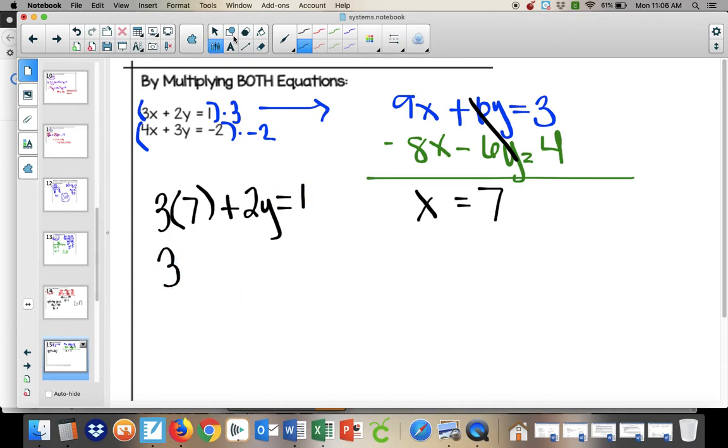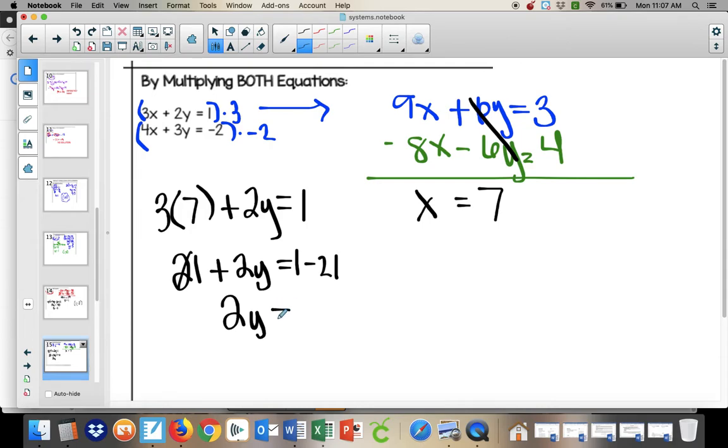So 3 times 7 gives me 21 plus 2y is 1. Take away 21. I get 2y is negative 20. So y is negative 10.